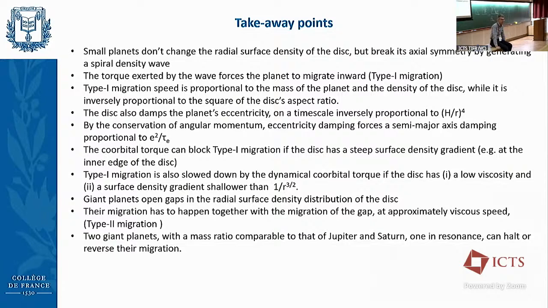If the disk has planetesimals, and the planet is migrating through the planetesimal disk, they act on the planet and can counteract a little bit. As long as there is a significant amount of gas, the gas migration wins, but then eventually planetesimal migration can take over. And I hope I will have time to talk a little bit about that.